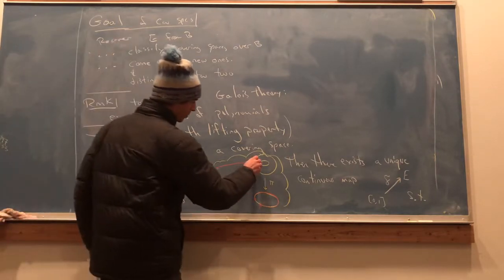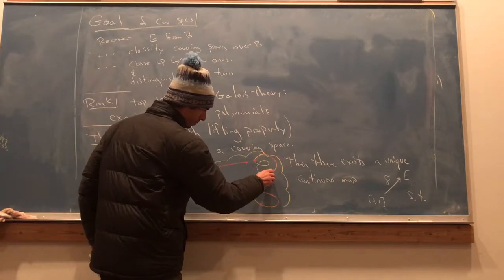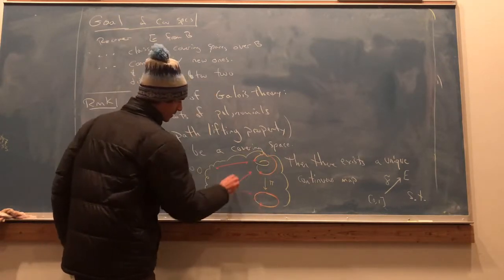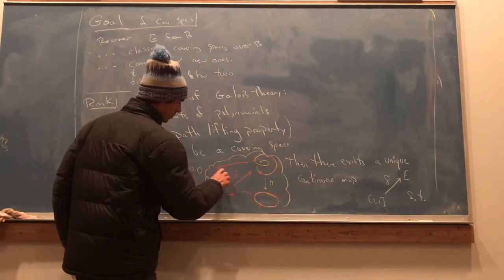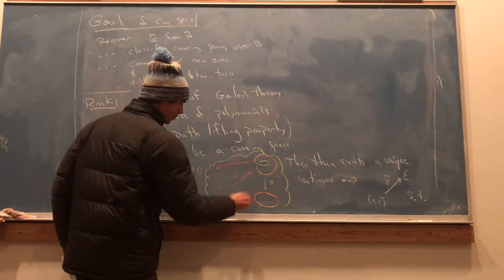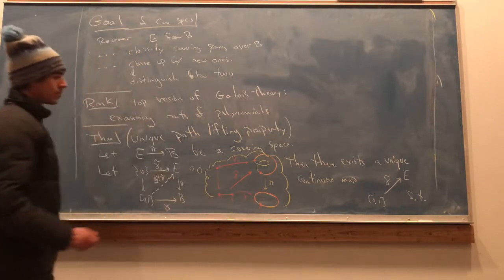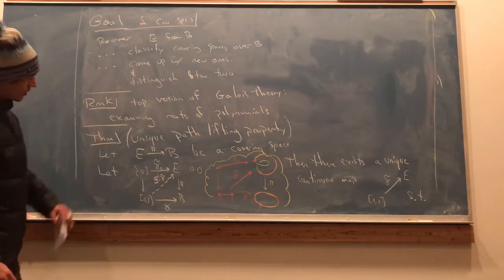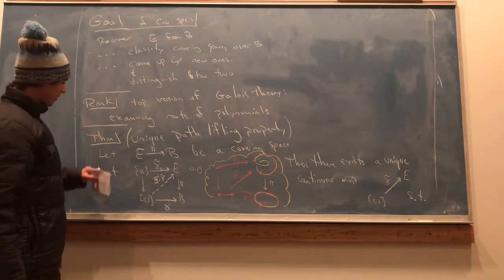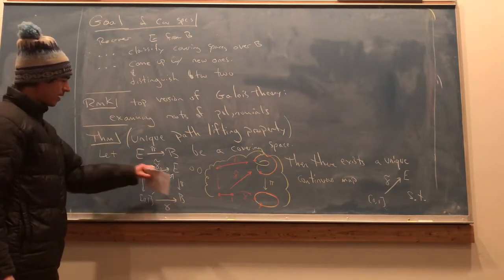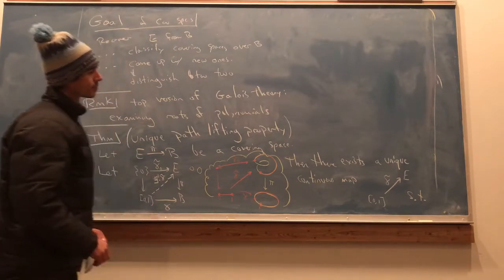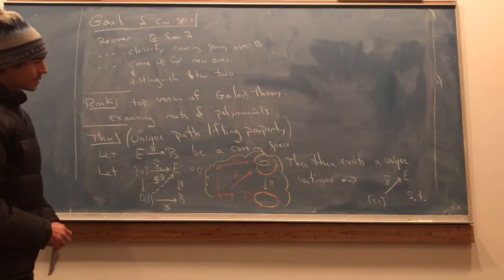So the picture would be that. That's what gamma tilde is. So that's the assertion. Given a covering space and given any solid diagram, there exists a unique filler. So let's prove that now.